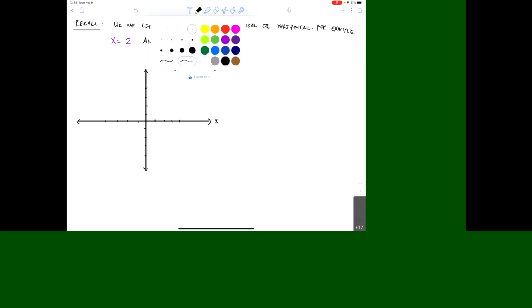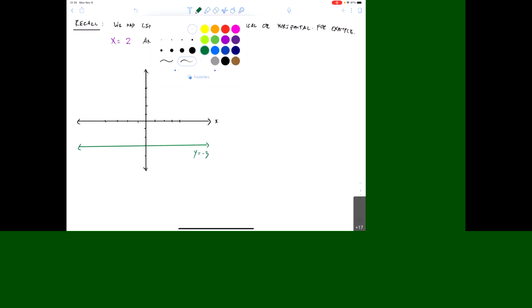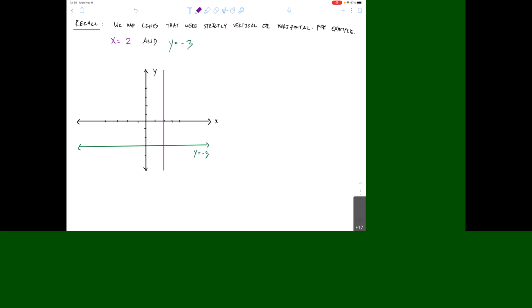The Y is horizontal and the X is vertical. Beautiful. Thank you, whoever that was. Okay. So exactly like your classmate said, right there is y equals -3. It looks a little slanted, but it might be my eyes looking at the screen. So apologies if that's not completely straight. But that's supposed to be parallel to your x-axis, right? And then 2 is right here. So that's x equals 2.